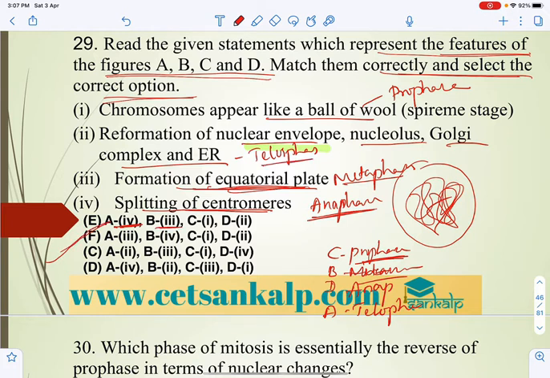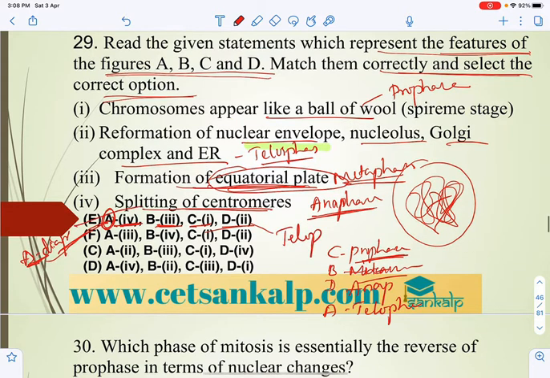So B represents the equatorial plate, that is metaphase, right. So let me write here, A means diagram, right. So the A diagram represents anaphase, and B represents metaphase, C represents the prophase, and D represents telophase. So the answer for that is A, right.